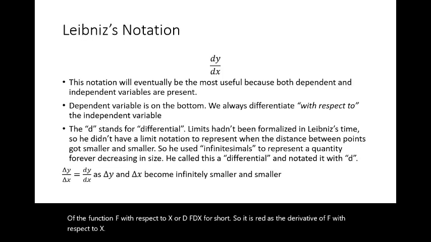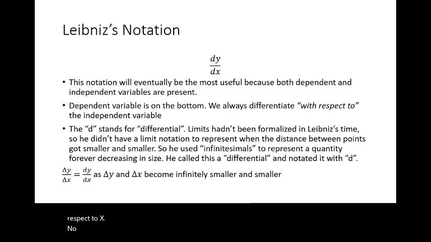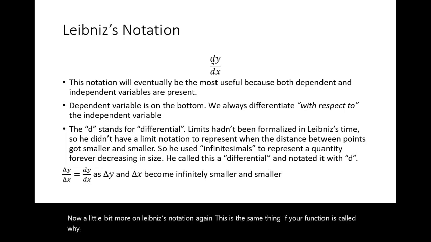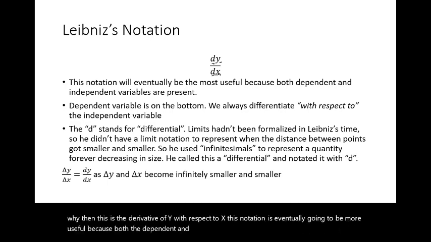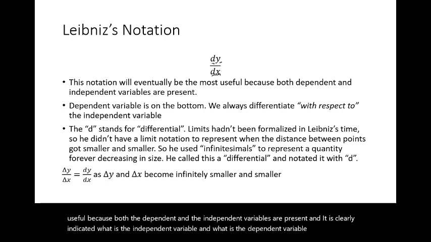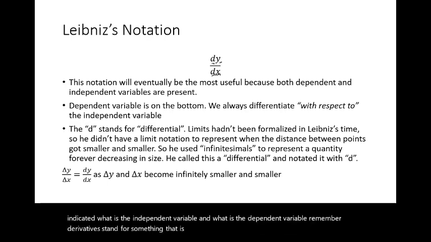Now a little bit more on Leibniz's notation. Again, this is the same thing. If your function is called y, then this is the derivative of y with respect to x. This notation is eventually going to be more useful because both the dependent and the independent variables are present, and it is clearly indicated what is the independent variable and what is the dependent variable. Remember, derivatives stand for something that is in motion, and they indicate direction and motion.